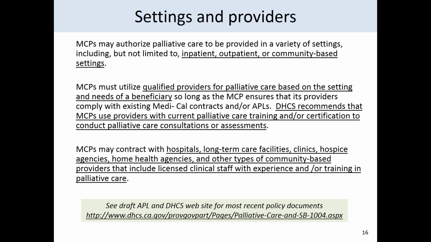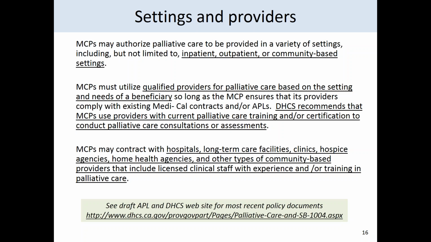DHCS recommends that MCPs use providers with current palliative care training and/or certification to conduct palliative care consultations or assessments. And these services may be provided through contracts with hospitals, long-term care facilities, clinics, hospice agencies, home health agencies, and other types of community-based providers that include licensed clinical staff with experience and/or training in palliative care.